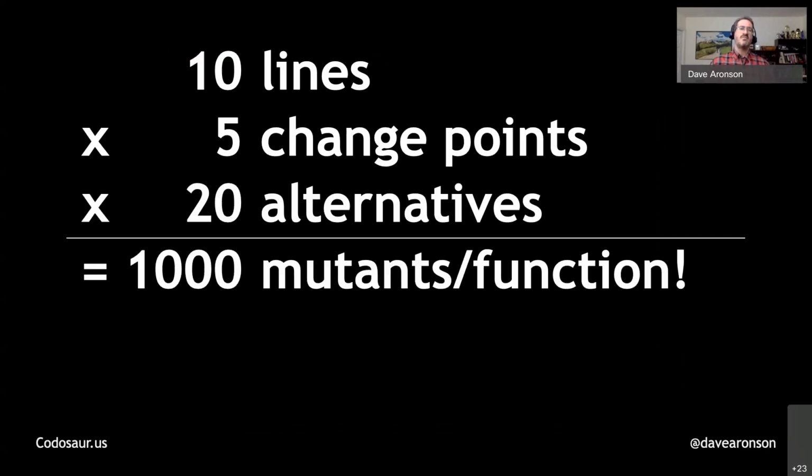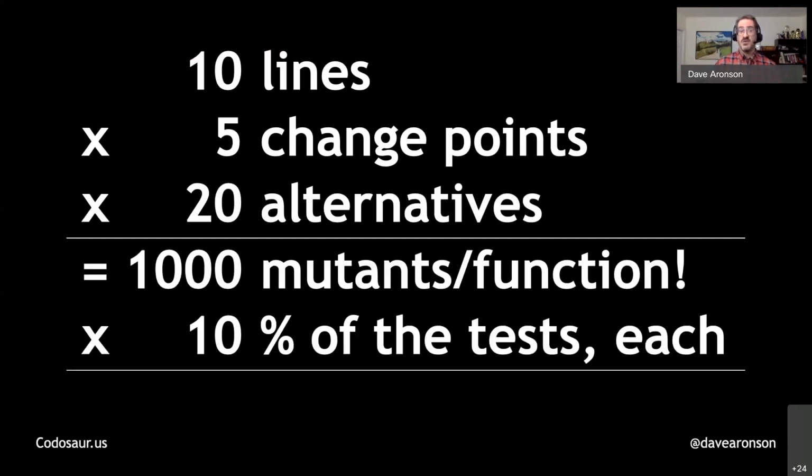And for each one, we'll have to run somewhere between 1 unit test if we're lucky and kill it on the first try, and all of that function's unit tests if we kill it on the last try, or worse yet, it survives. Suppose we wind up running just 1/10 of the tests for each mutant.